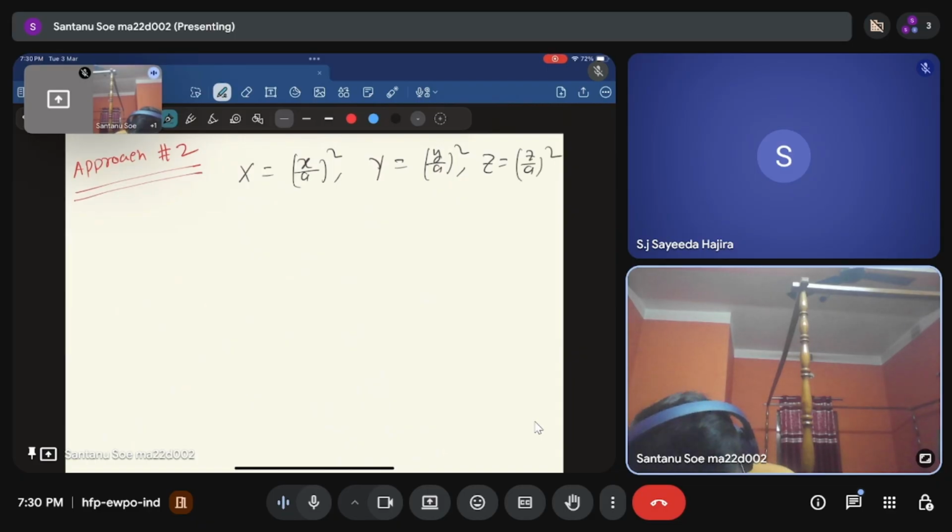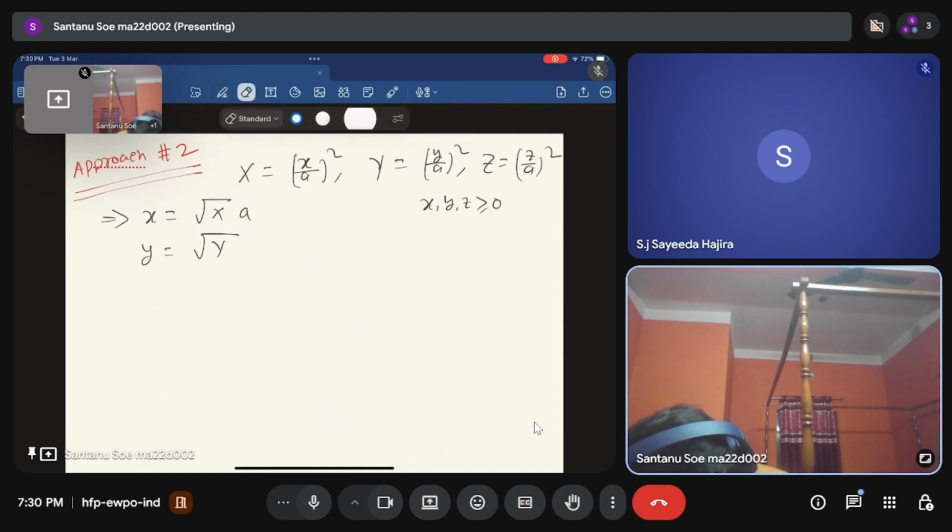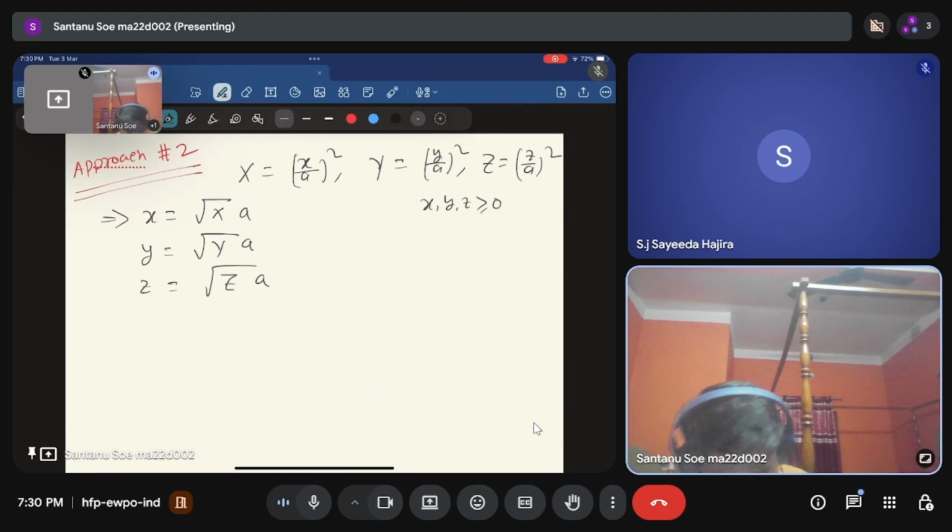Okay. Now since small x, y, and z all are positive, this will imply x equals square root of X into a, y equals square root of Y into a, and z equals square root of capital Z into a, right?